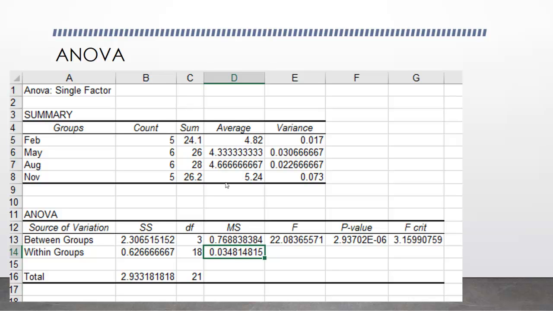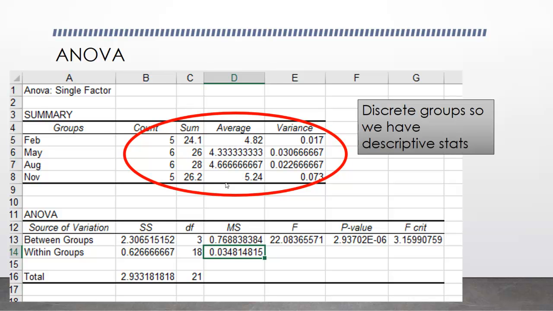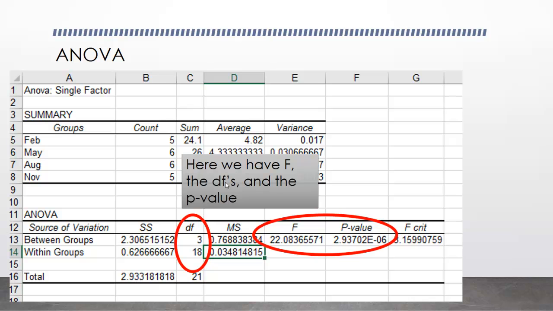All right, finally, here we've got some ANOVA results from Excel. Now we again have discrete categories, and so we can do descriptive stats, and the ANOVA table gives them to us. Here you see the value of F, so we have the same test stat for ANOVA. Since it's F, it has two separate types of degrees of freedom, and you also see the p-value, all reported right there.